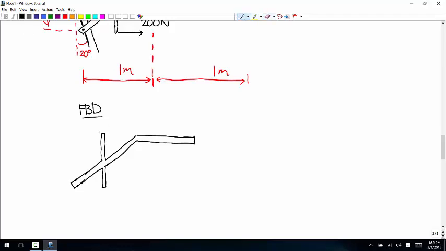There's no weight in this. There's a 200 Newton force this way, 200 this way.